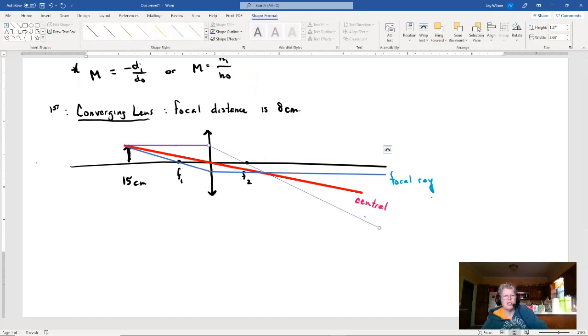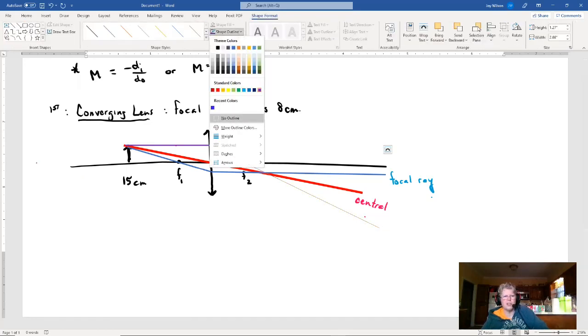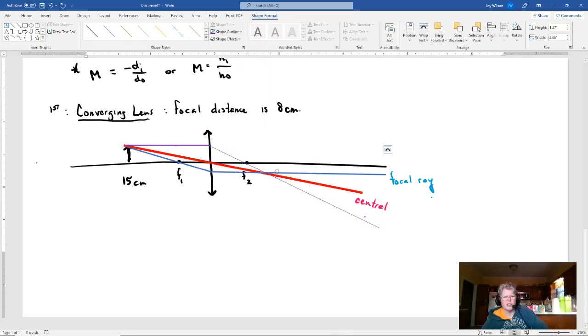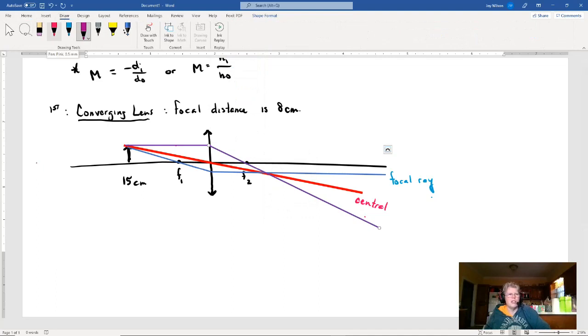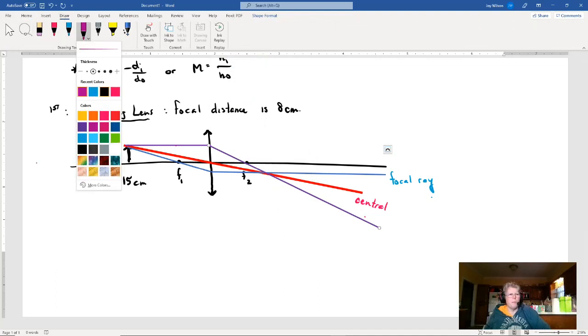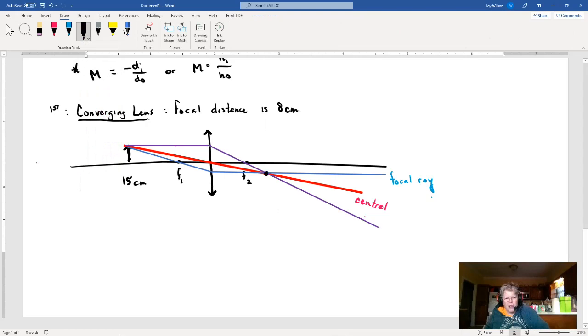And so now you can see, hopefully better than drawing it by hand, that the tip of the arrow now will form here. Where the tip was here, now the tip is here, which means my image will be upside down and smaller, which I can see pretty easily on this picture that we've got.